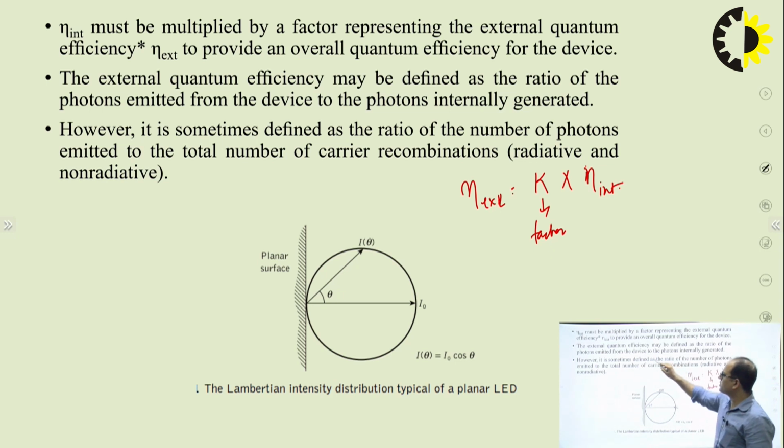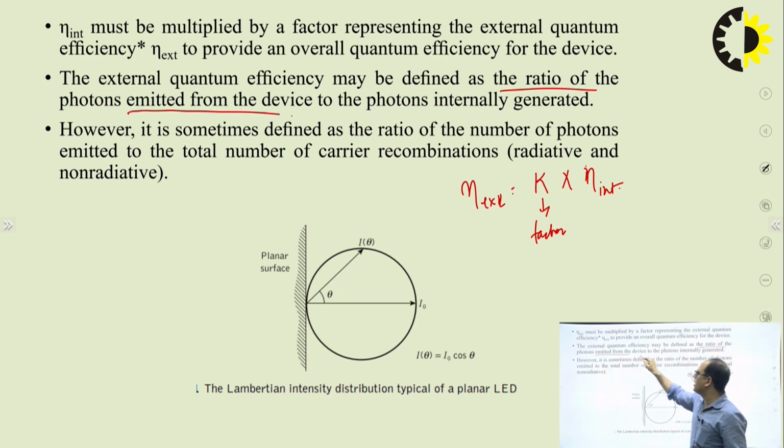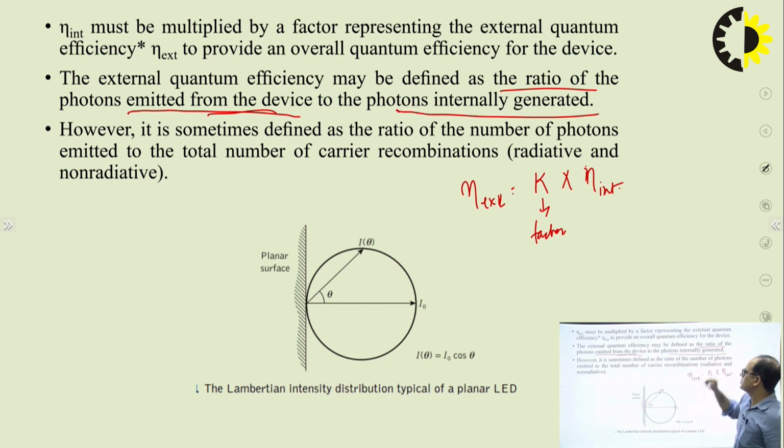External quantum efficiency can be defined as the ratio of the photons emitted from the device to the total number of photons generated internally. Sometimes it can also be defined as the ratio of the number of photons emitted to the total number of carrier recombinations, meaning radiative plus non-radiative. Clear?